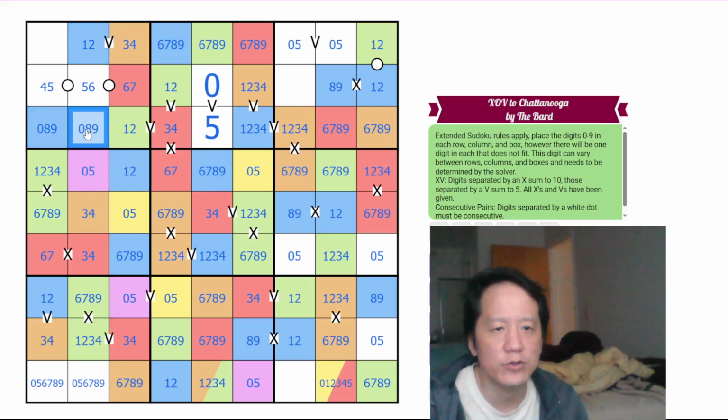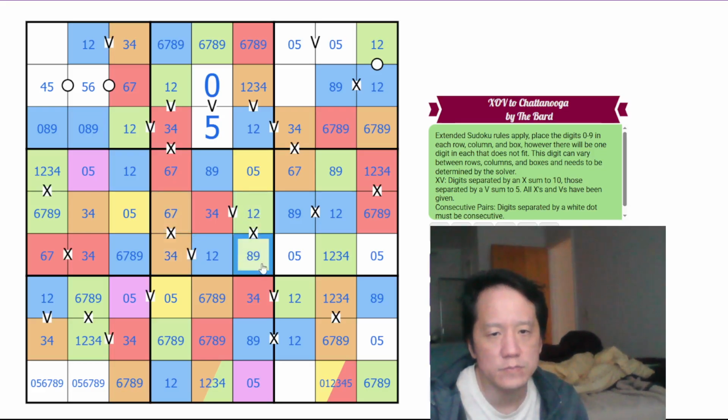So high blue is 8 or 9. Red is 6 or 7, 3, 4.